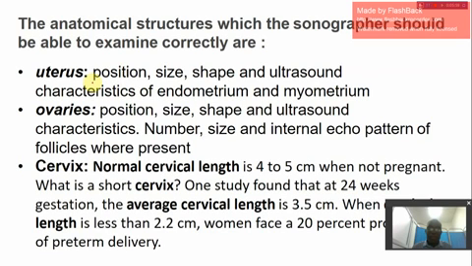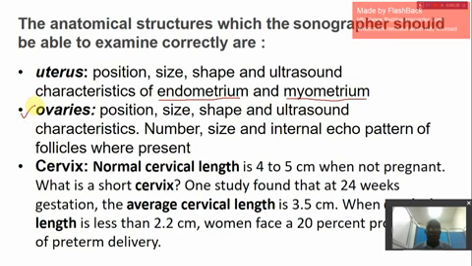Where is it located? Is it in the mid-pelvis? Is it the size, the shape, and the characteristics of the endometrium and the myometrium? So whether the endometrium is in the proliferative phase or secretory phase, whether the myometrium is homogeneous or with nodular masses, multiple masses.